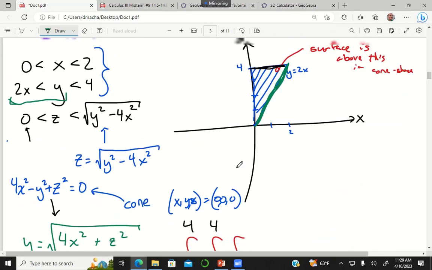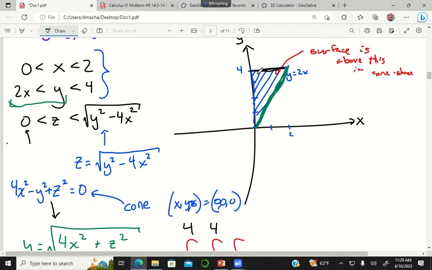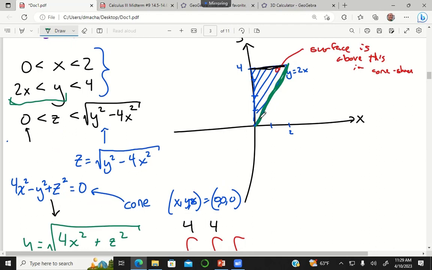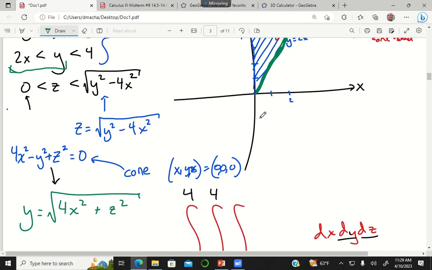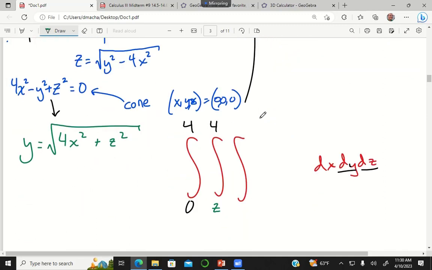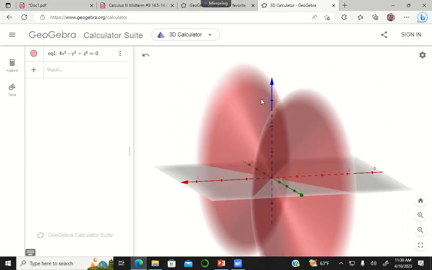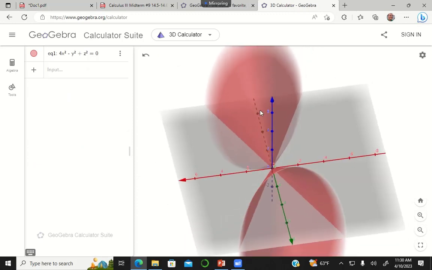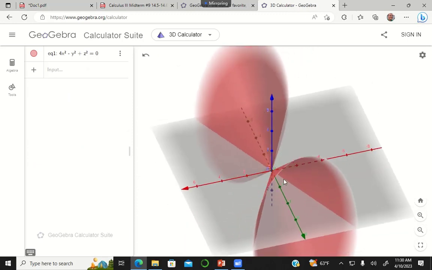So my x value lower bound is going to be 0, I think, regardless of what values of y you have within the solid and regardless of what values of z you have within the solid. Regardless of y and z, your lower bound on x is always going to be 0.